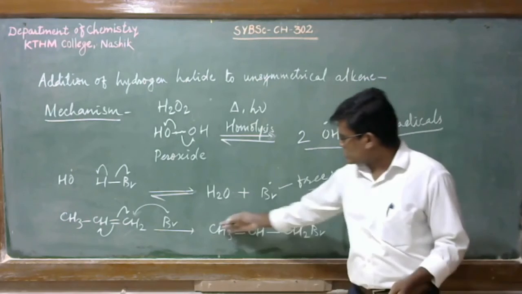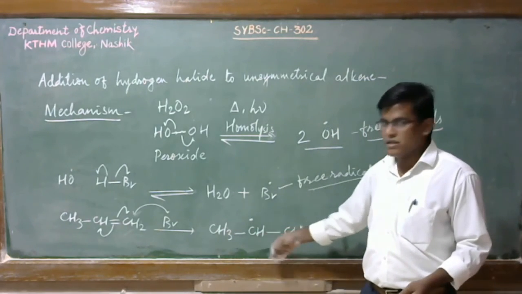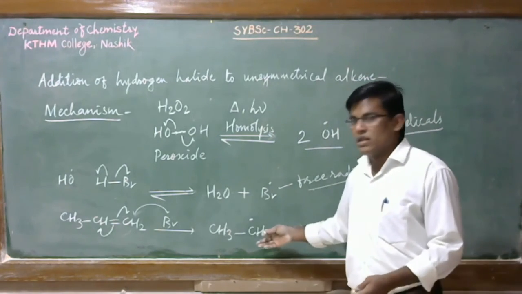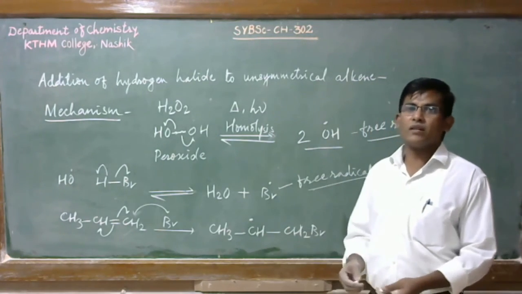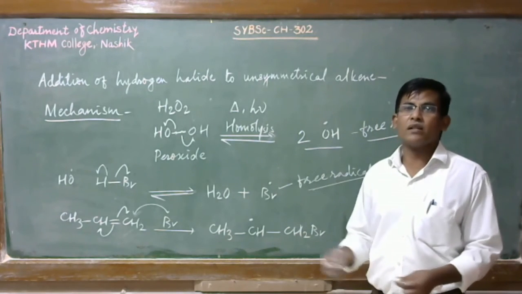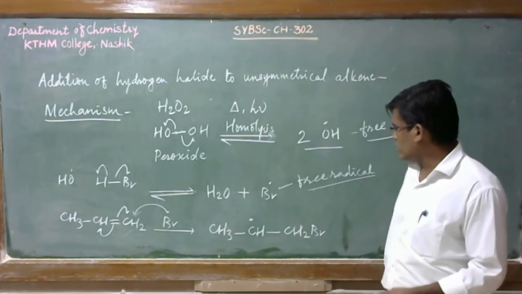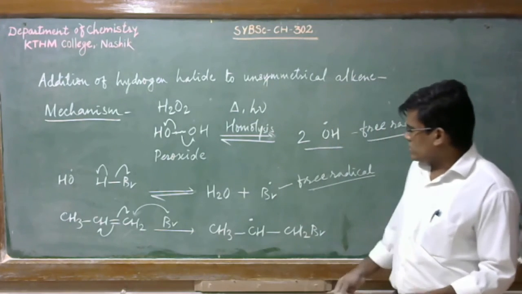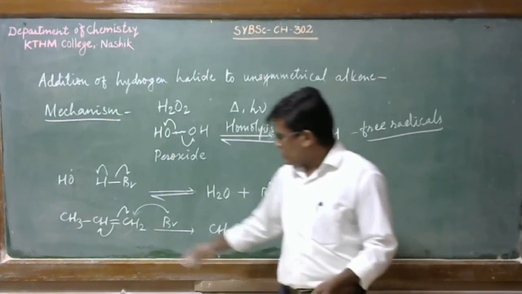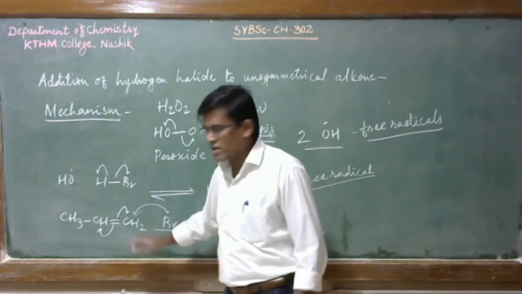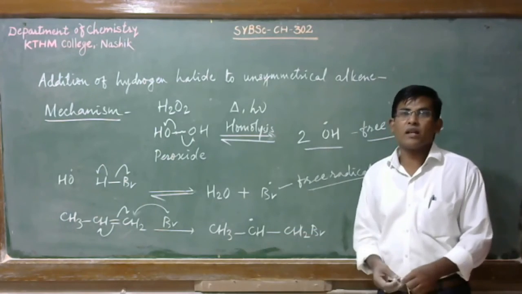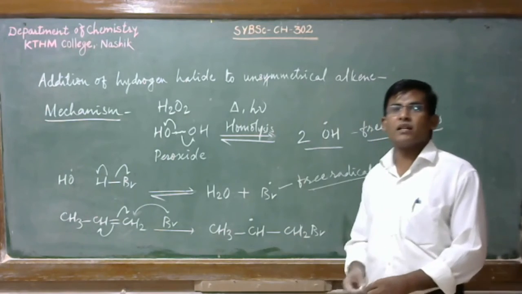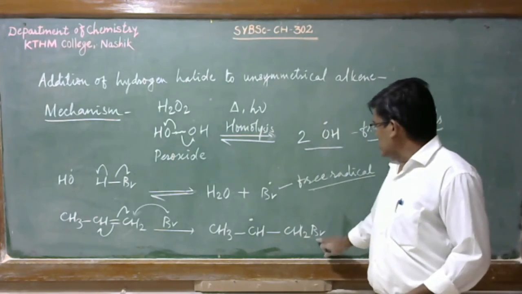As the substitution increases, the stability of the free radical increases because of the inductive and hyperconjugation effects. Here the substitution is less if you form the primary free radical, so the secondary free radical is more stable.